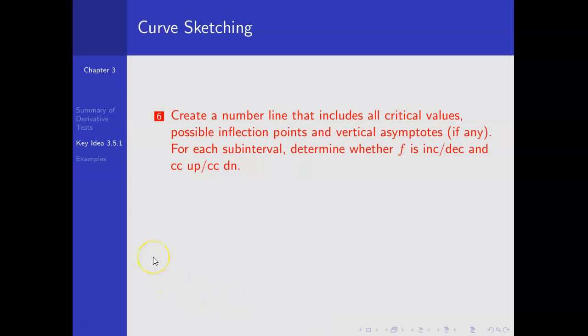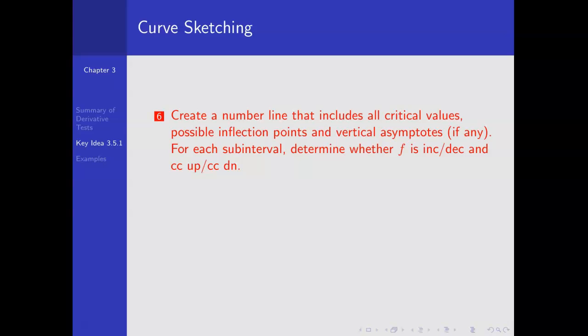Okay, now on to the last bits, our last 2 steps, I think. This next step is really important for organizing all of our information. You're going to create a number line that includes all critical values, all possible inflection points, and any vertical asymptotes that are there. And in each subinterval that we get on the number line that way, we're going to determine whether f is increasing or decreasing.